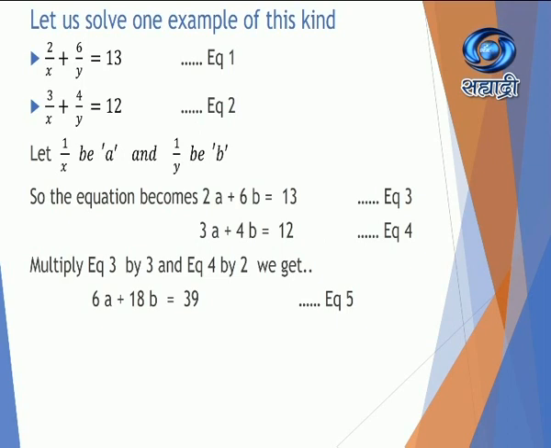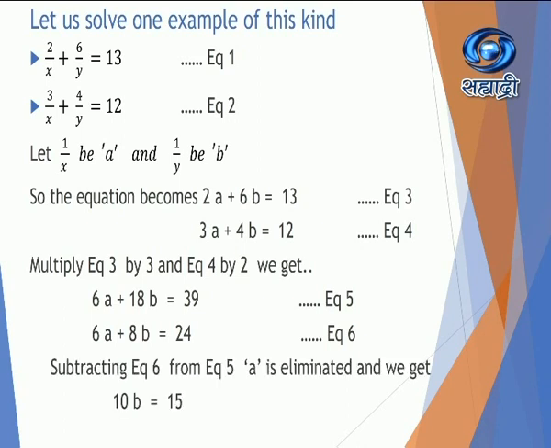Now equation 4 is to be multiplied by 2. So that equation comes out to be 6a plus 8b equal to 24, which I have labeled as equation number 6. Now here you can see that if I subtract equation 5 and 6, a will be eliminated and I will be able to find the value of b.